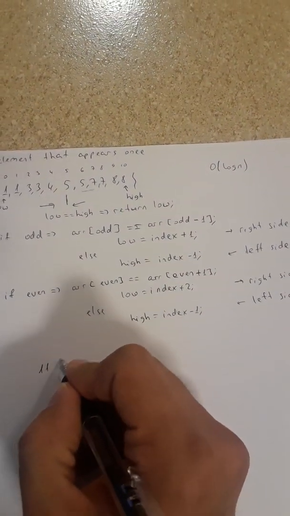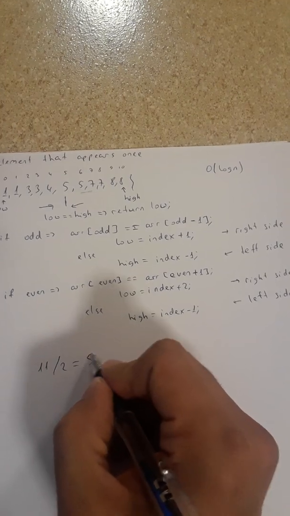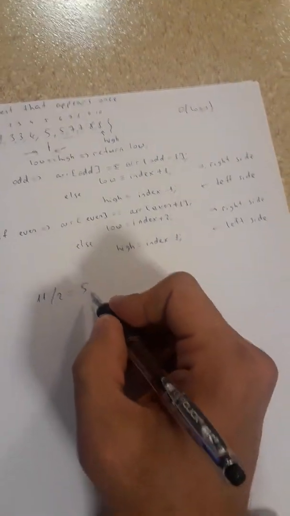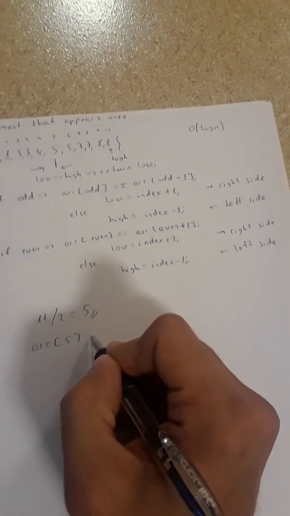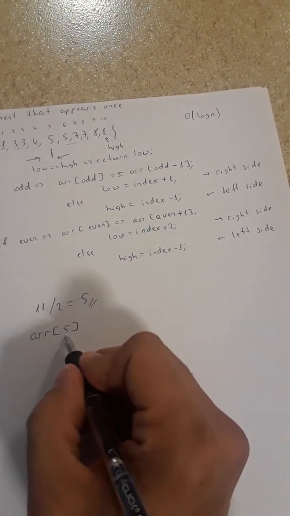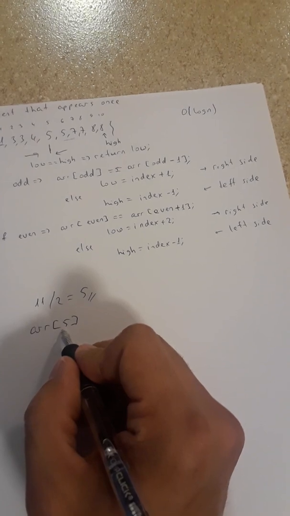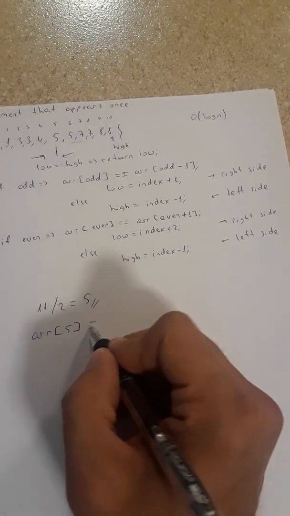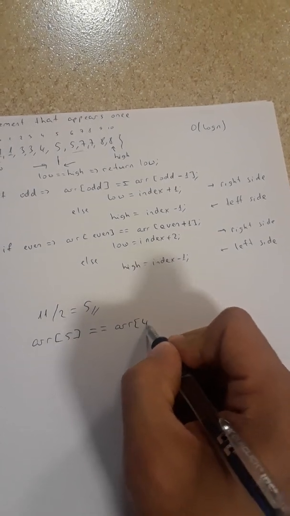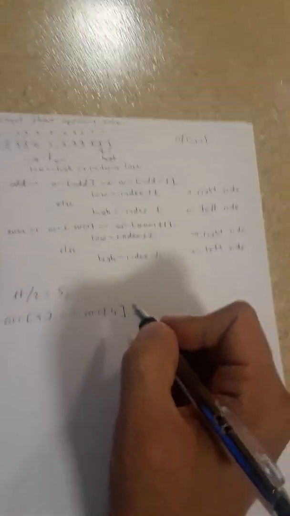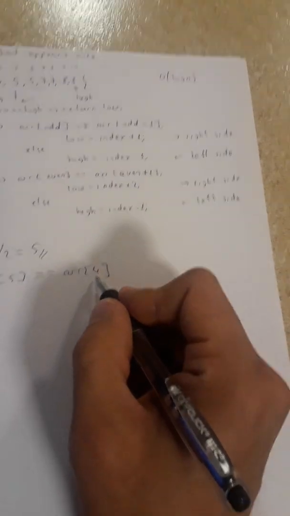So in that particular example, it will work like this. We have 11 elements, 11 divided by 2, rounded down to 5. We see that the index that we're pointing at is odd. We need to compare it with the previous element at index 4.